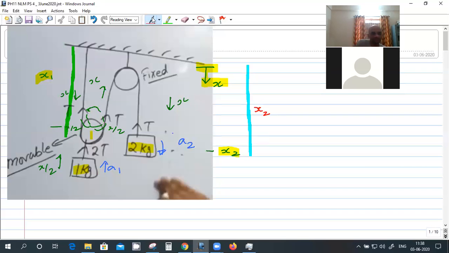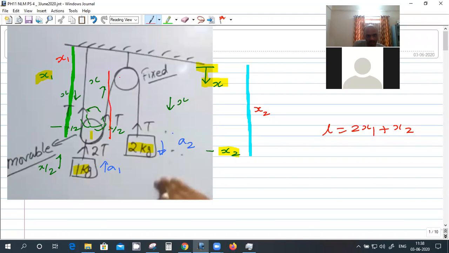So the length of the string is 2x1 plus x2. Is that right? Yes, the length of the string is 2x1 plus x2, because this is x1 and this is also x1.